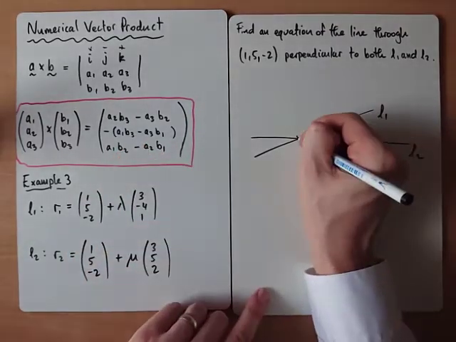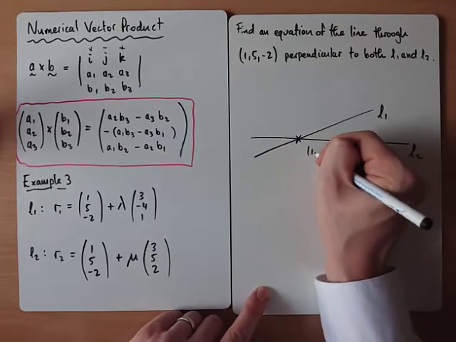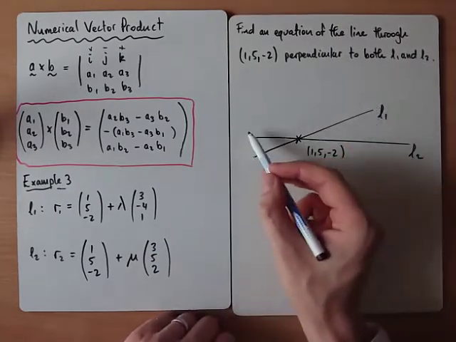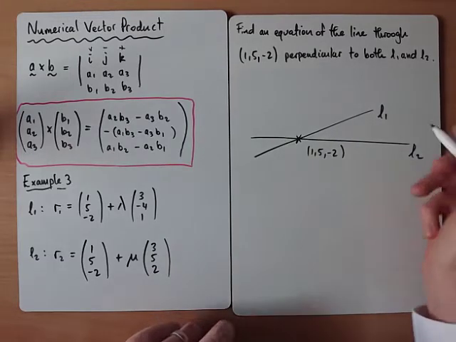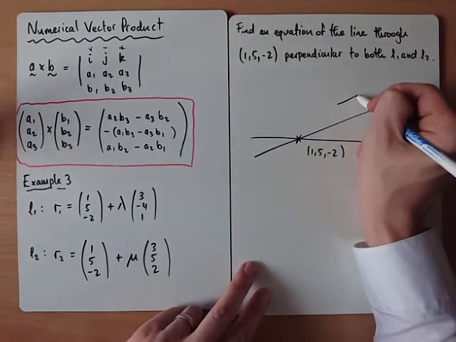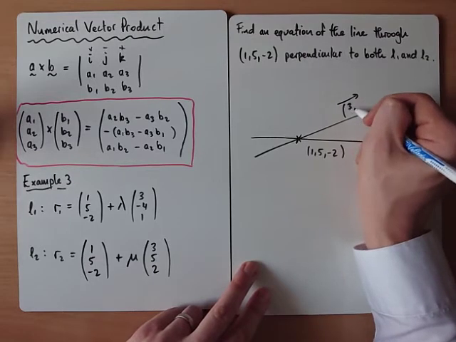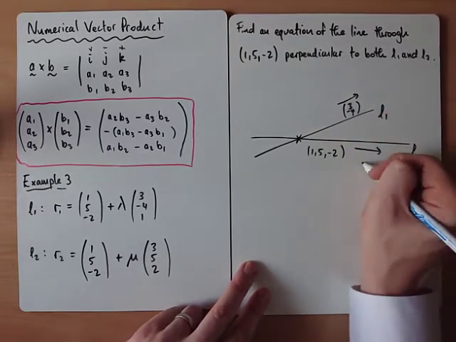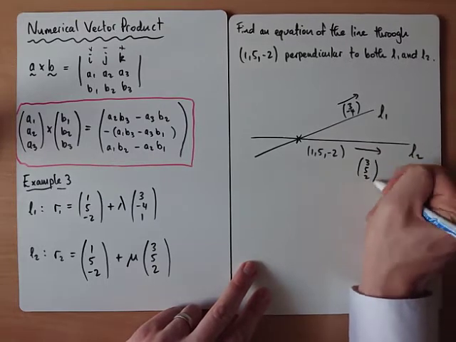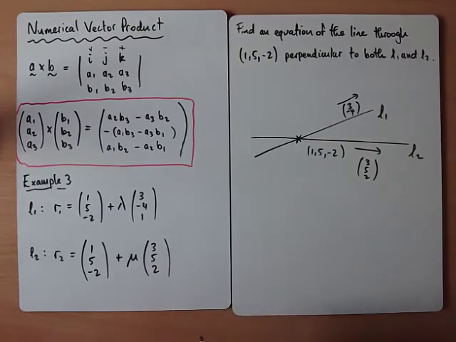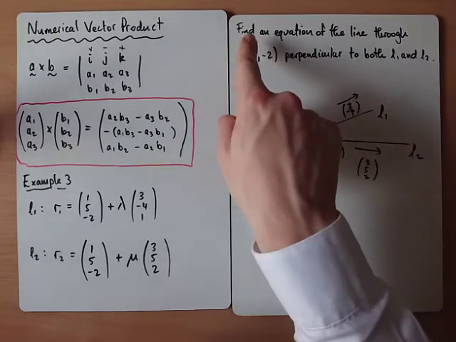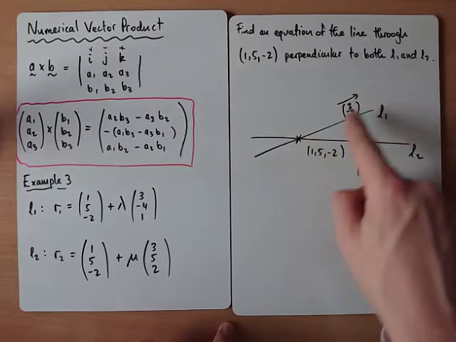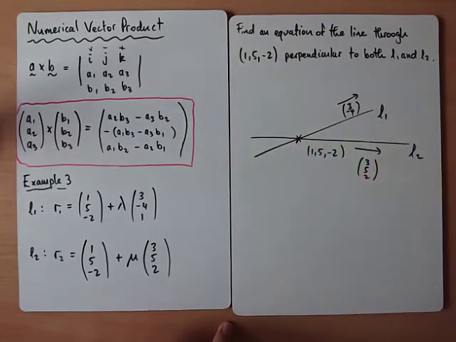So that point there is the point where the two lines intersect. Okay, but they're clearly going in different directions. Like this one's going in the direction (3, -4, 1), and this one's going in the direction (3, 5, 2). Okay, and what we're aiming to get is an equation of a line which goes through that point, but it's got to be perpendicular to both of these lines.